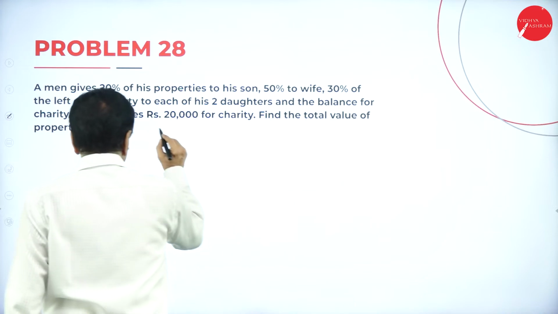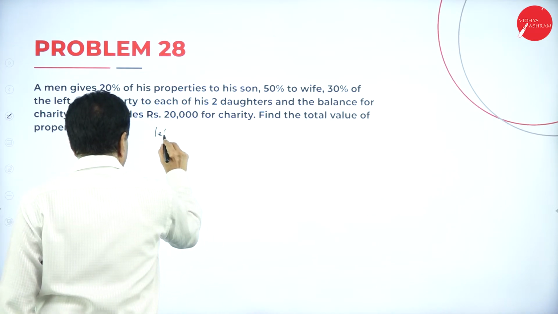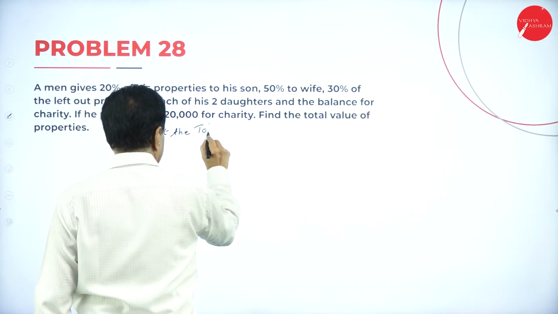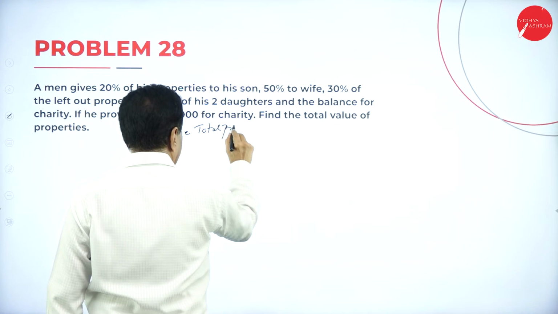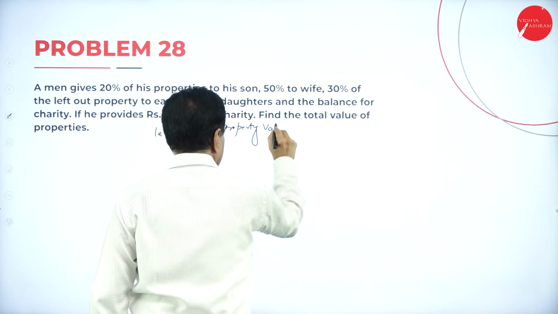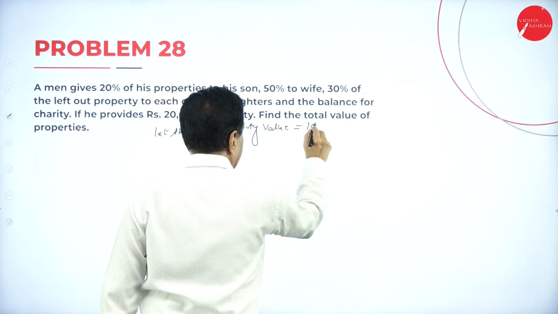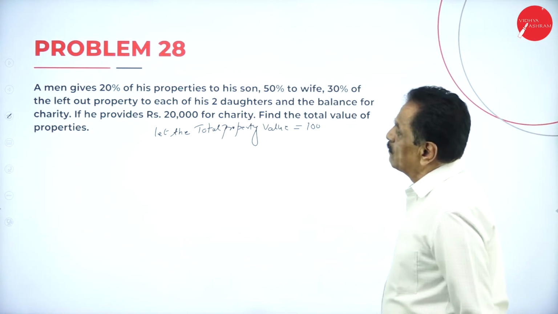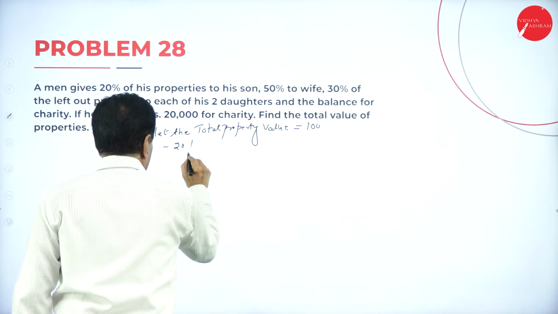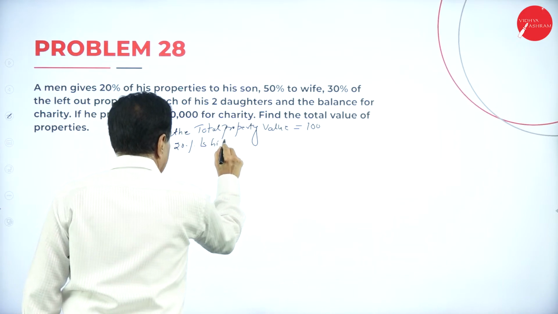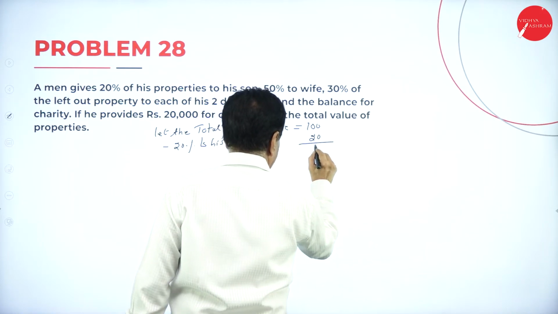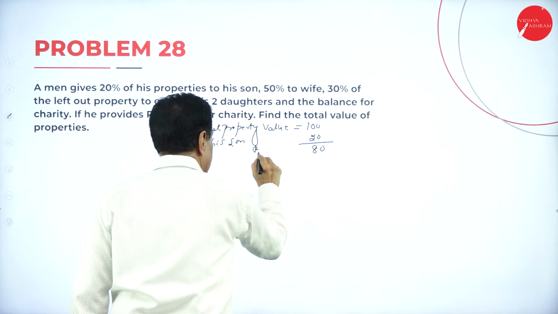Let the total property value be equal to 100, because it's a percentage. First, minus 20% to his son: 20 gone, balance is 80.